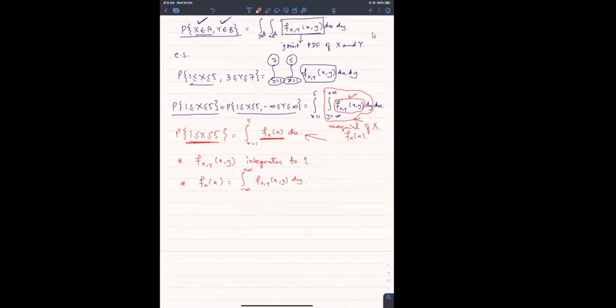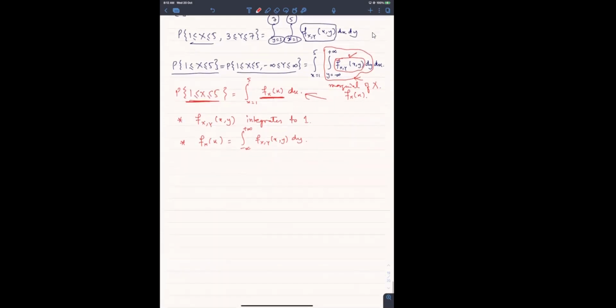When x and y are jointly continuous, it is important to identify the region of integration. How? Let me give you an example.